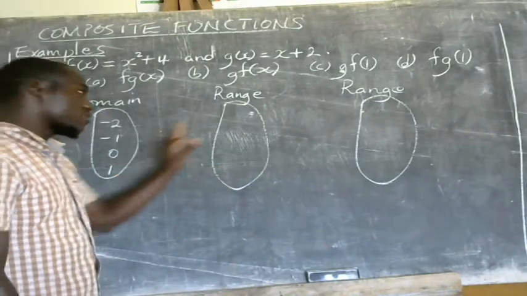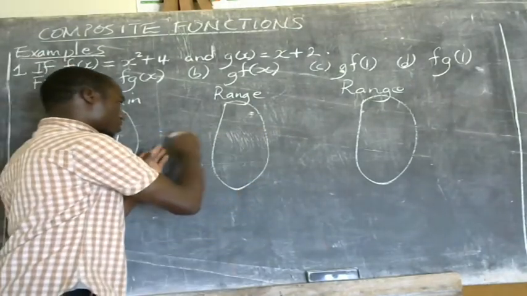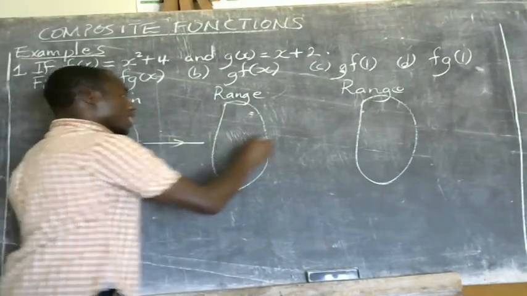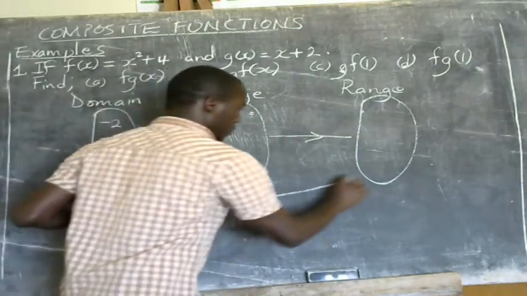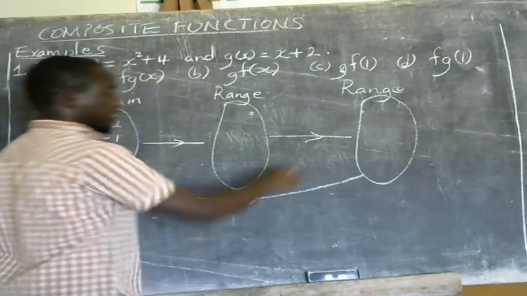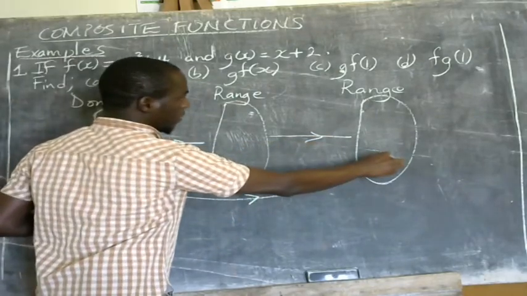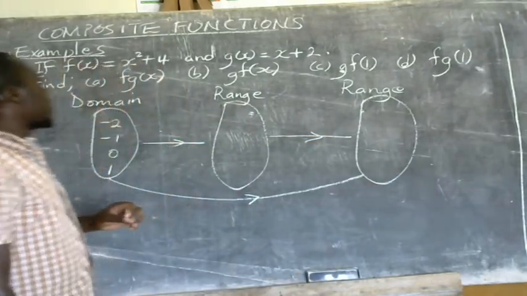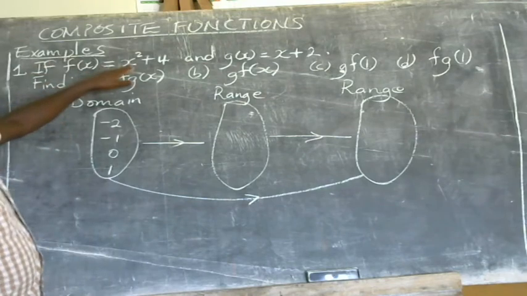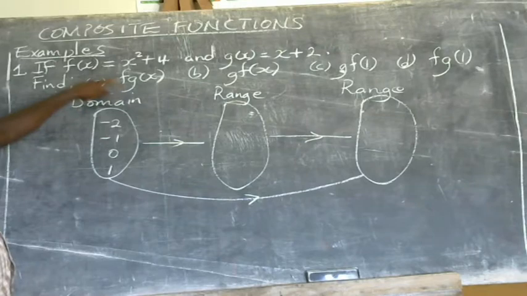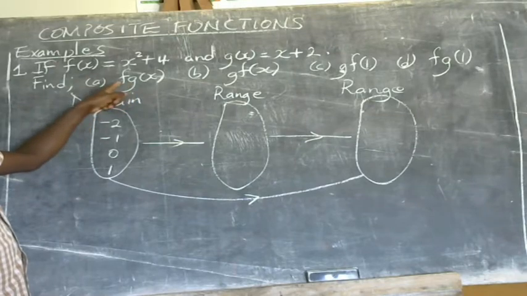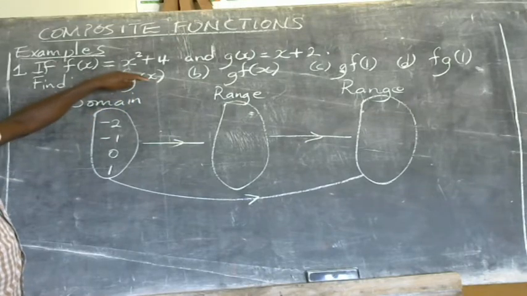That is, it's going to be the composition of a function which is here and a function which is there, sending elements from here up to that last range there. For example, our part A there, f of g of x.